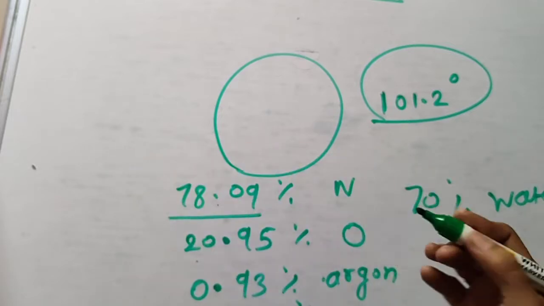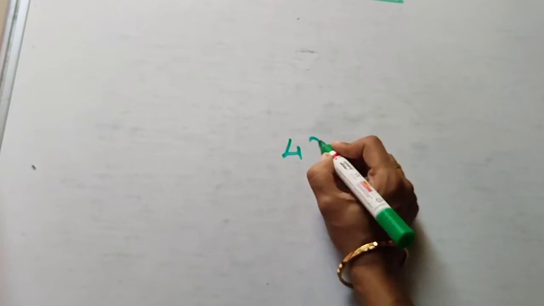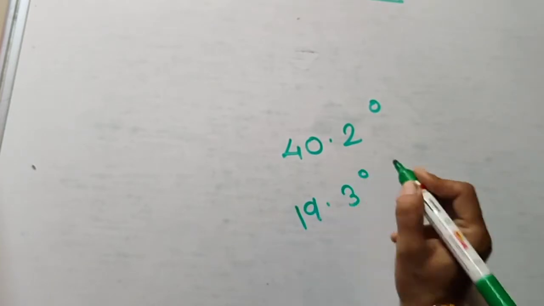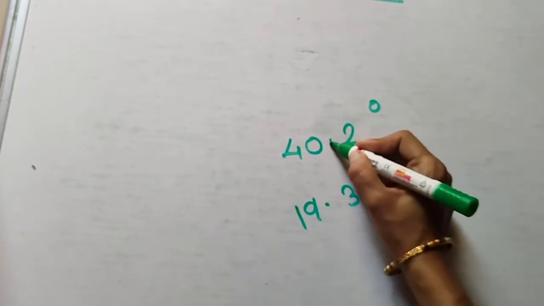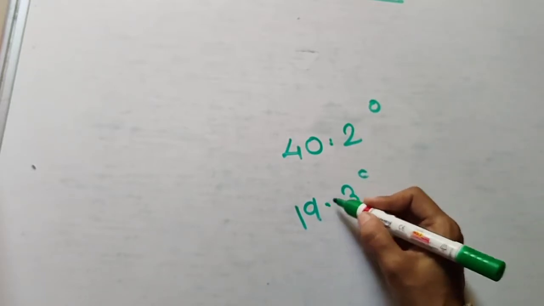In summer we get 40.2 degrees centigrade, then in winter it is 9.3 degrees centigrade. Here we also use this point. So this point is called a decimal point.